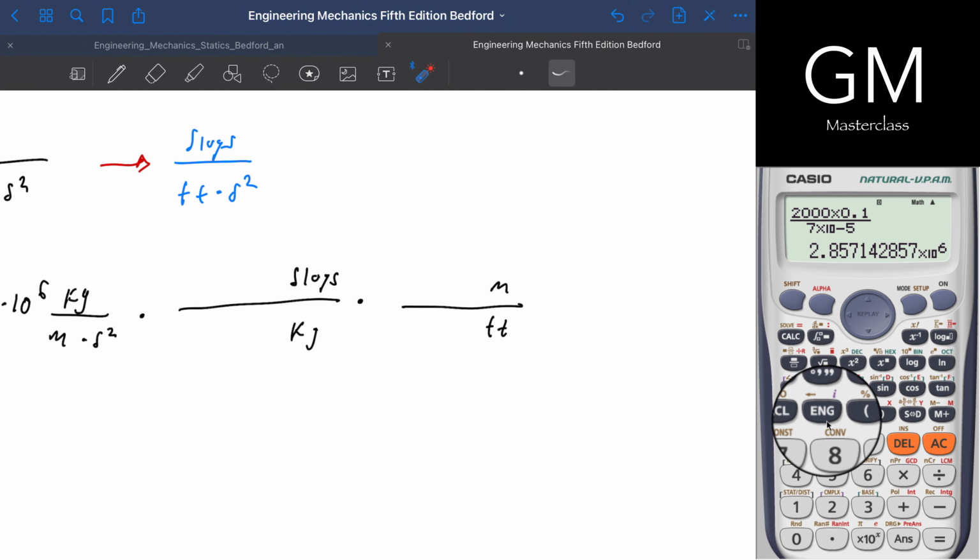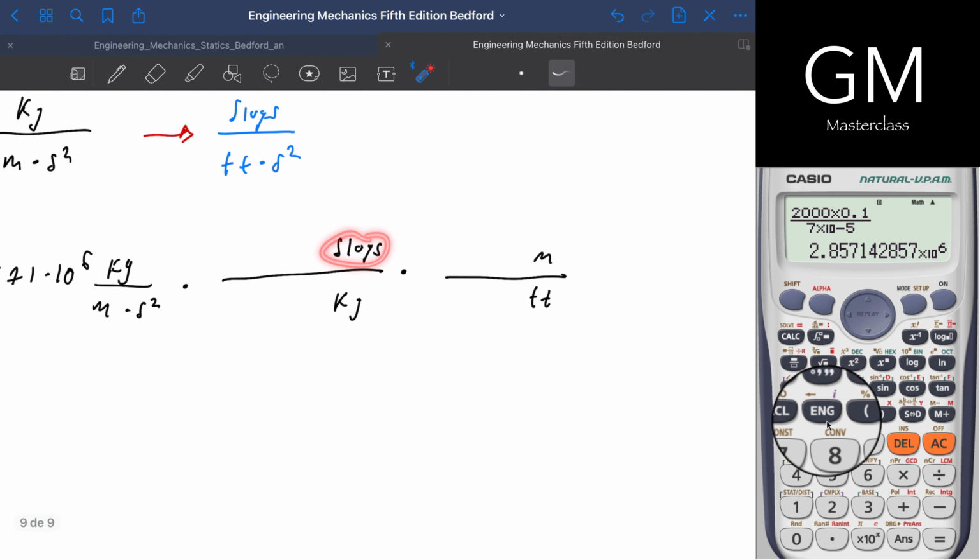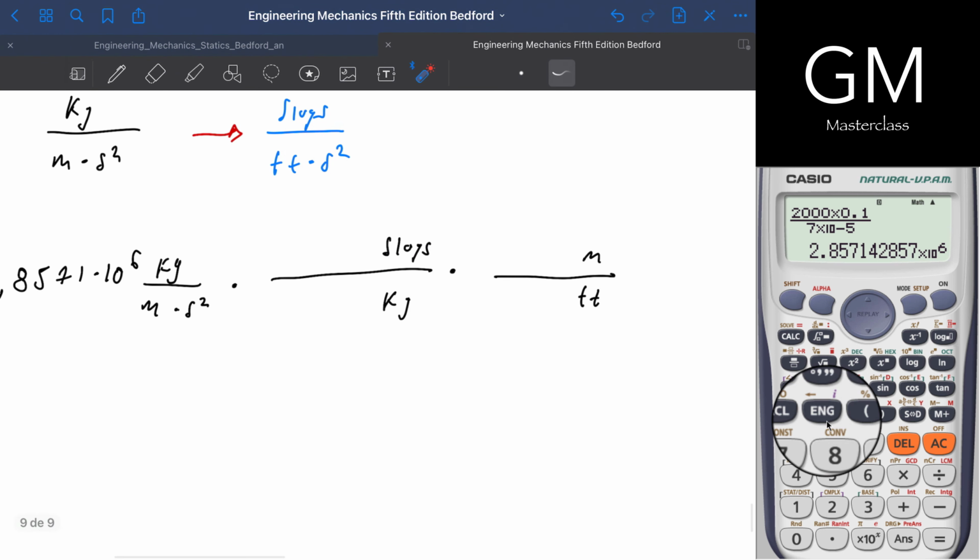Why am I putting the slugs on the upper side of the division? Well, this is because I have the kilograms on the upper side of the division of the units, which is this one. And by multiplying by a division in which the kilograms are on the below part, I could eliminate those. And I'm actually going to do it.